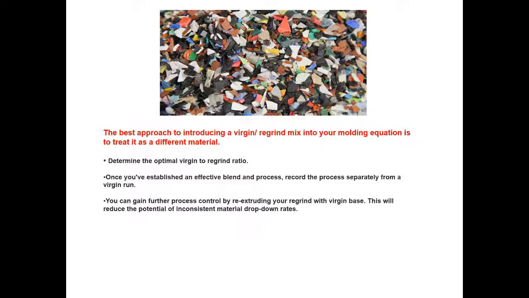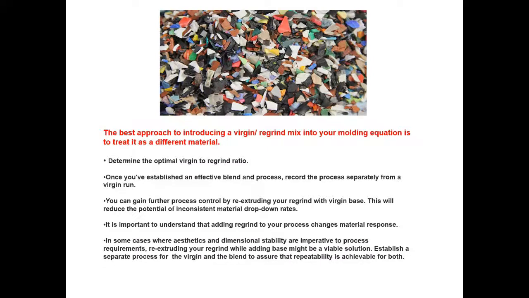Something else you can do to gain further process control is you can re-extrude your regrind with virgin base. That makes the pellets themselves consistent, and this will help reduce the potential of inconsistent material drop-down rates. It's really important to understand adding regrind to your process changes material response.